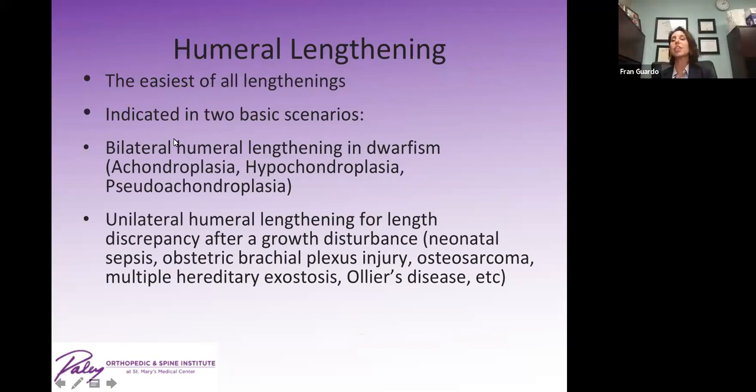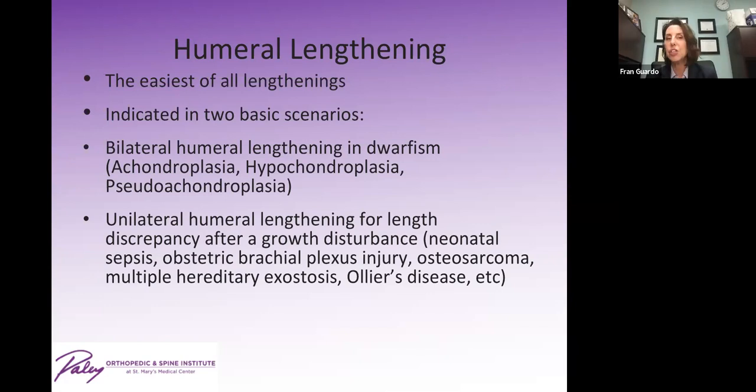Upper extremity lengthening is the easiest of all lengthenings. Typically it is folks having humeral lengthening with different types of dwarfism, especially achondroplasia, because we know they have shorter extremities than the spine.